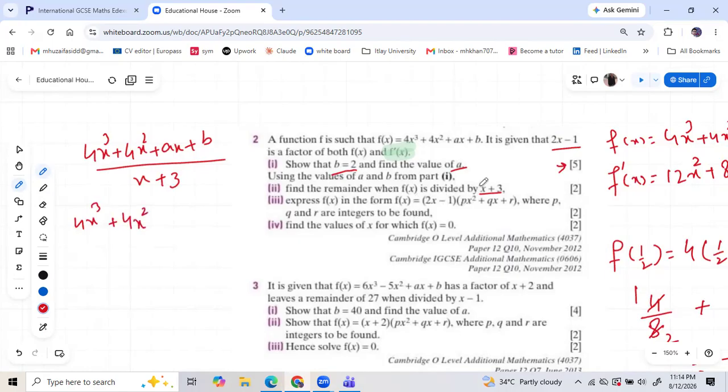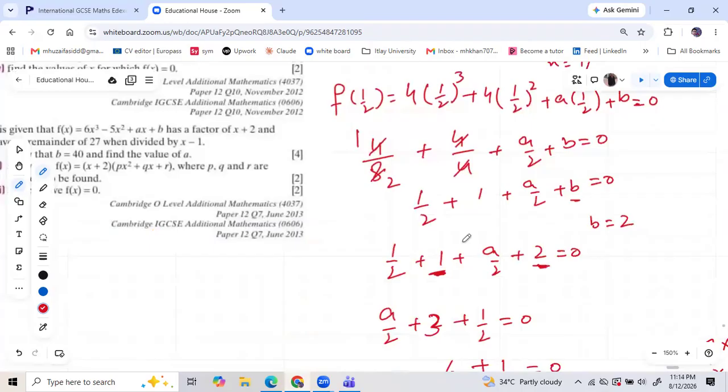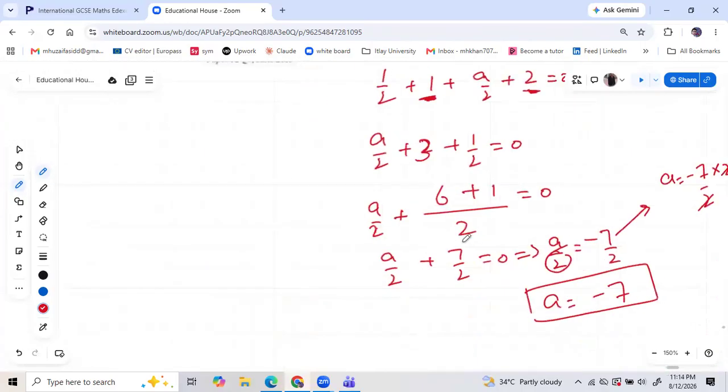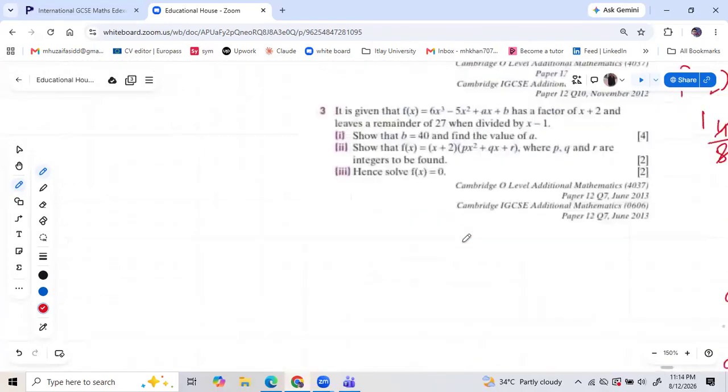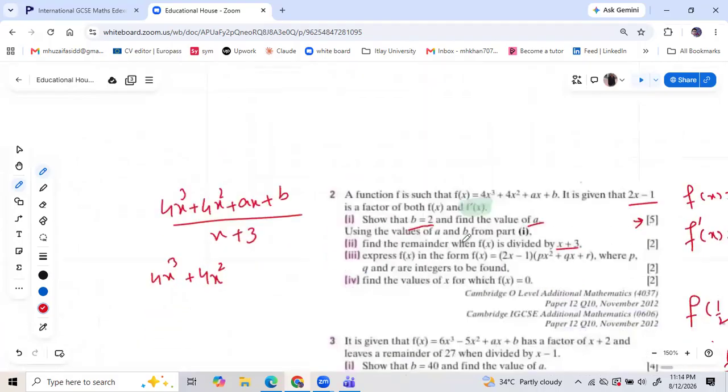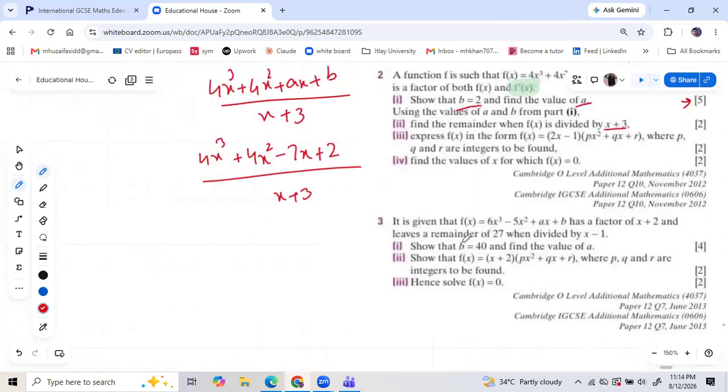This is our a value we found, minus 7. And our b value is what? 2, divided by x plus 3. So how can you divide it? Look at it here.